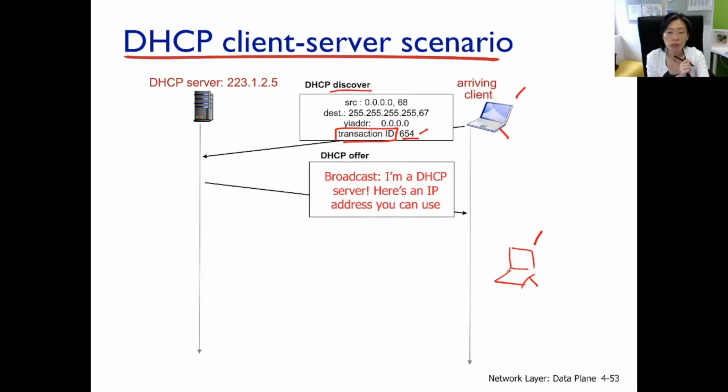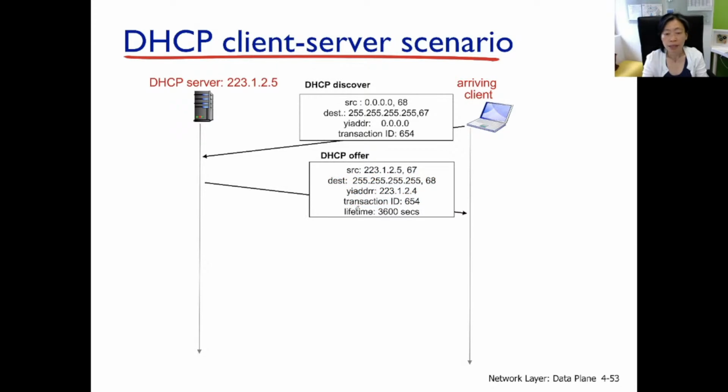And to respond to the discover message, the server sends the offer message. So this is saying, I'm here, and here's an IP address you could use. Inside the offer message, you see the source being the server's IP address.